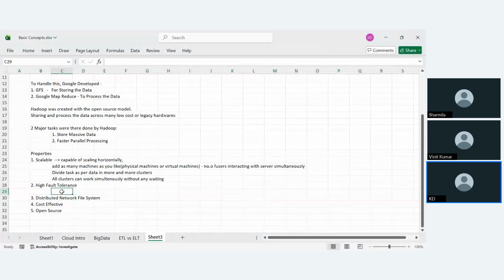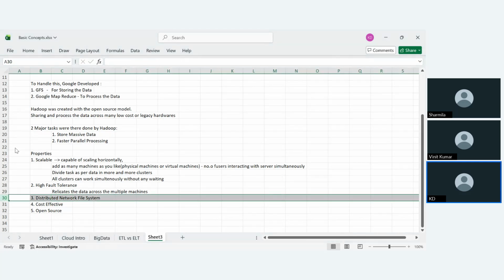So this was the biggest thing involved with Hadoop. Now there was the high fault tolerance, which means it replicates the data across multiple machines.